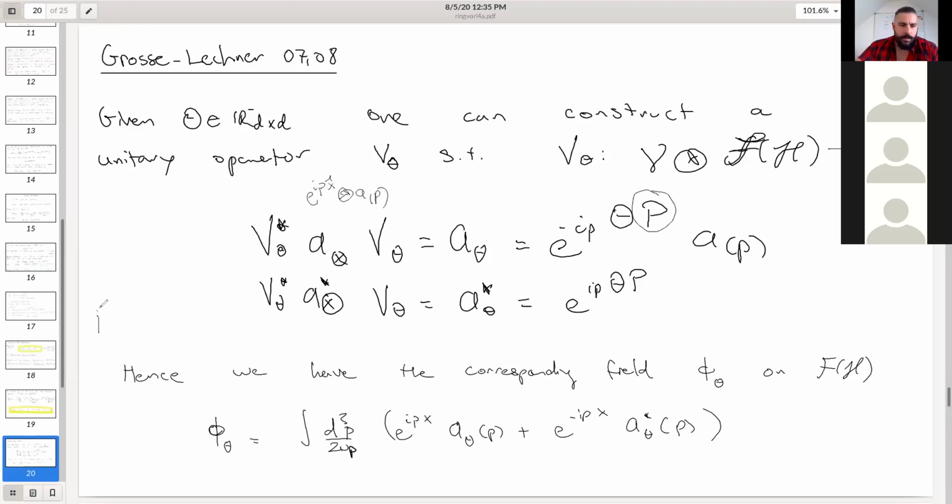And it can be written as the integral of d3p divided by 2 omega p, p mu, a star p a p, where p mu is omega p and the vector p. Okay, so this is the momentum operator.